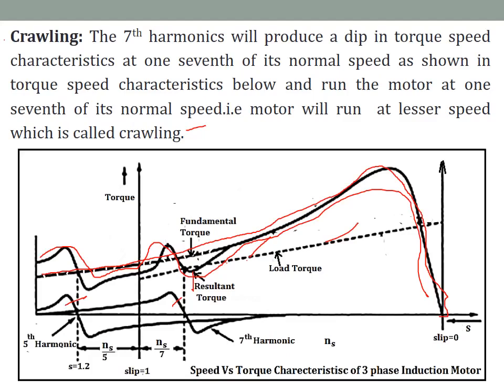So because of that, the motor will crawl at this speed. So the motor will run at lesser speed. This is due to dips in the speed torque characteristics due to seventh harmonic torques and fifth harmonic torque. So this is whatever we have discussed regarding crawling. It is with respect to seventh harmonic torques.